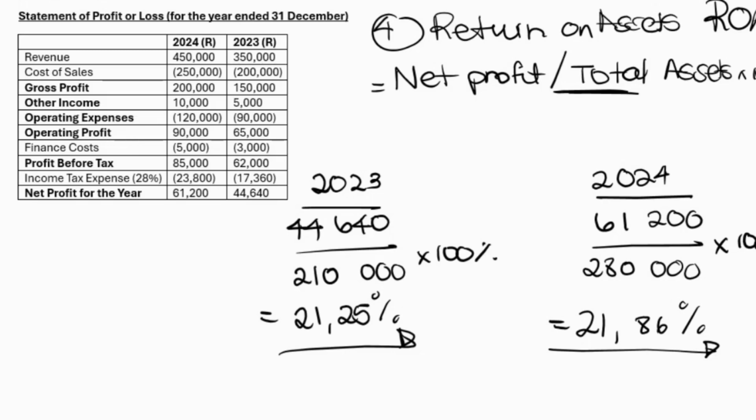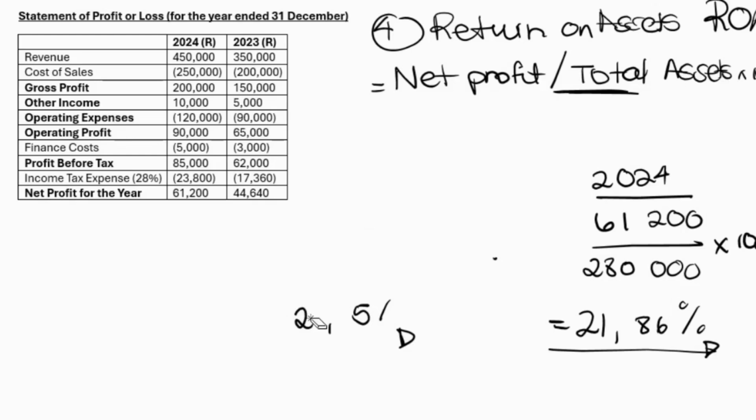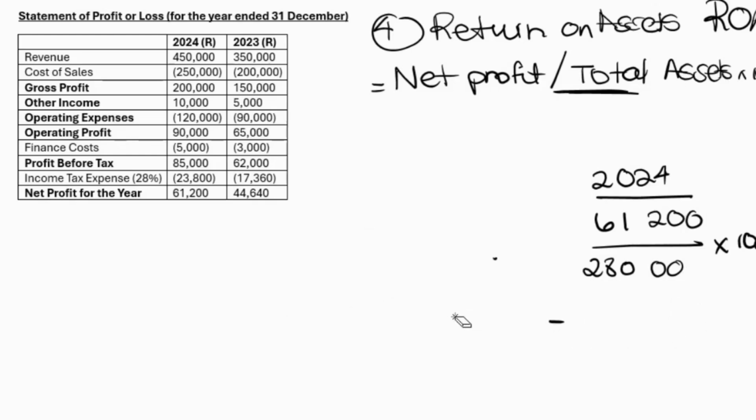What you ideally want for this ratio is an ROA anywhere between 5 to 10%. That's generally a good ROA. And Think Numbers is well over that, in the 21s.